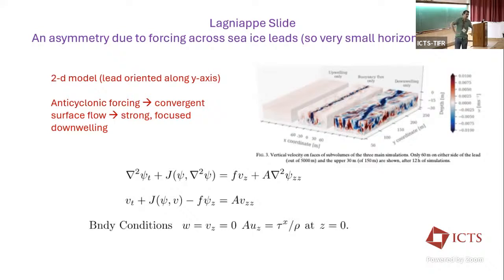There was a suggestion that it might be strong enough to bring vertical transport of heat into the surface layer where it can interact with the ice and melt the ice. And that was the motivation of this study, but I wouldn't say that we concluded that that was important.